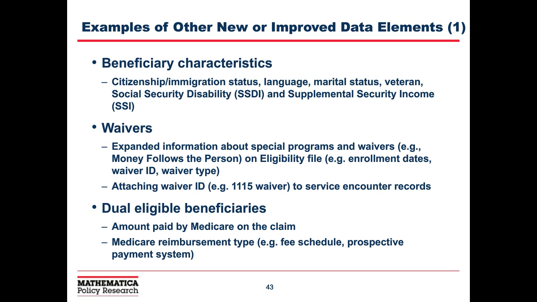We know more about waivers, which are getting taken advantage of more and more by the states these days. We know more about special programs and waivers directly on the eligibility file, such as Money Follows the Person. More importantly, on the service encounter records, we also can now see the waiver ID attached to those encounter records.